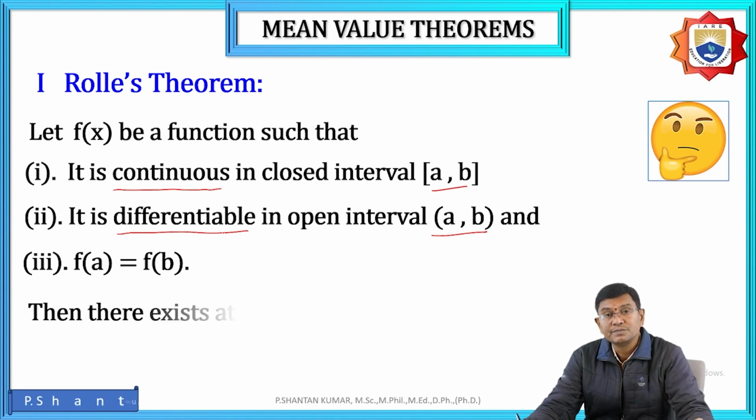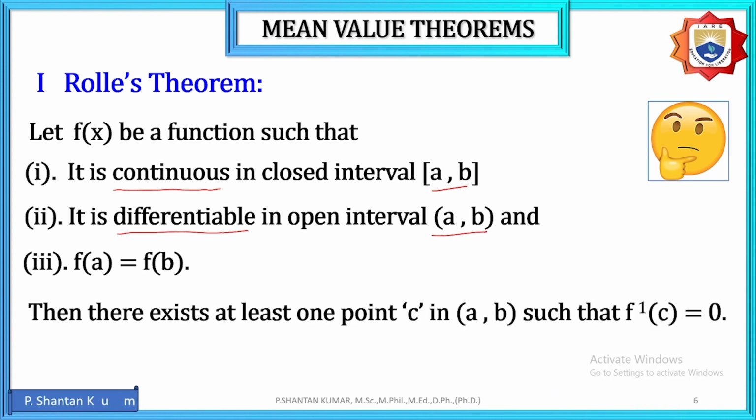If the three conditions are satisfied, then there exists at least one point c such that f dash of c is equal to 0. That means these three conditions are required: one, a continuous function in the closed interval; second, differentiable in the open interval; and third, f of a is equal to f of b. If the three conditions are satisfied, we can proceed further.